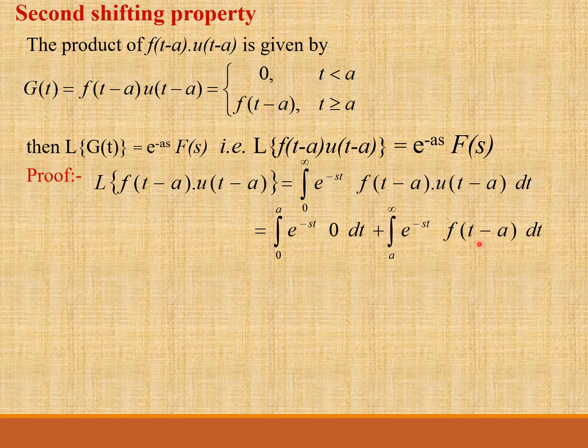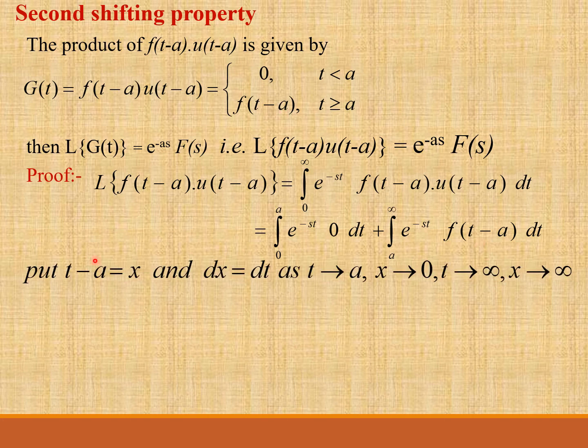So substitute it in the integration and put t−a equal to x, so that dx is equal to dt, and as t tends to a, x tends to 0, and when t tends to infinity, x tends to infinity. Because of this, the integration changes to the integration from 0 to infinity of e^(−s(x+a))·f(x) dx.